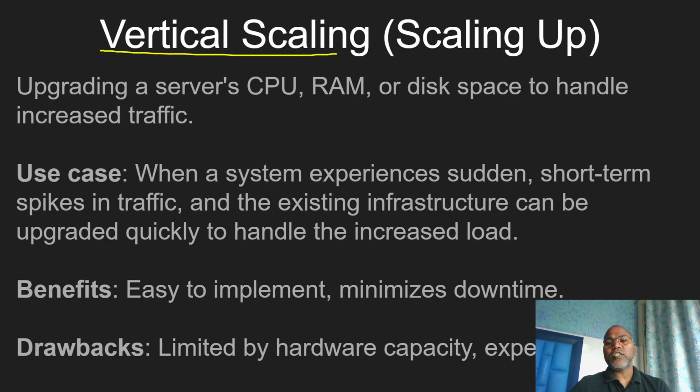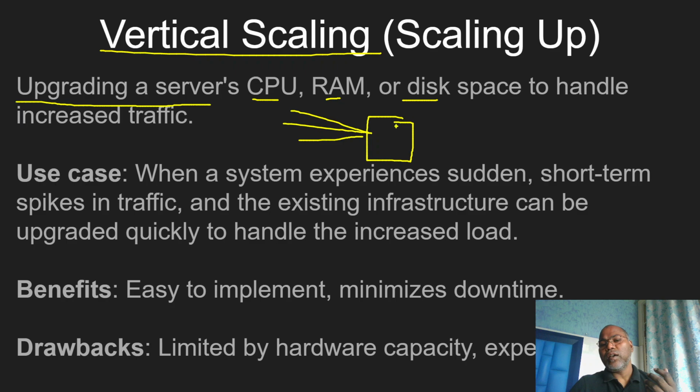Vertical scaling means whatever the one server has, which is currently handling the user requests, it's good. Vertical scaling says just upgrade your server capacity, like CPU, RAM, and hard disk. These are the key components in my server.